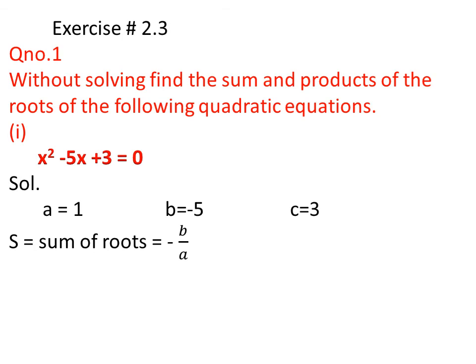So here we put the values of b and a in this equation, which will give us minus into minus 5 over 1, where minus 5 is the value of b, and in the denominator we will write the value of a, which is 1. By solving this term we get 5 over 1, because when minus is multiplied with minus it will give us a positive number, and 5 over 1 can be written as 5, which is the sum of the roots of the given equation.